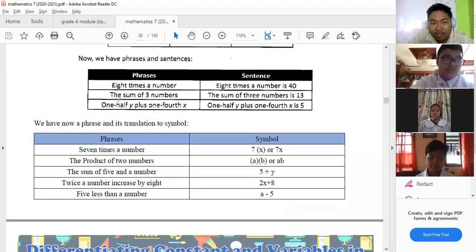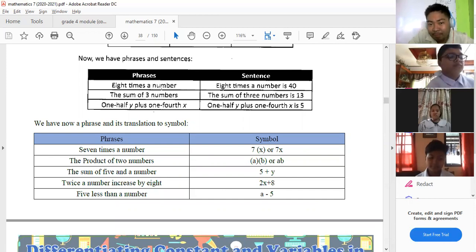So phrases, this would be the sentence. So kapag phrases, ganito lang siya. Kapag sentence, ganito siya. So ang mapapansin nyo dito, ang phrases natin walang is, ang sentence natin may is. Ibig sabihin, ang sentence is an equation. Ang phrases are only expressions. Nakuha?